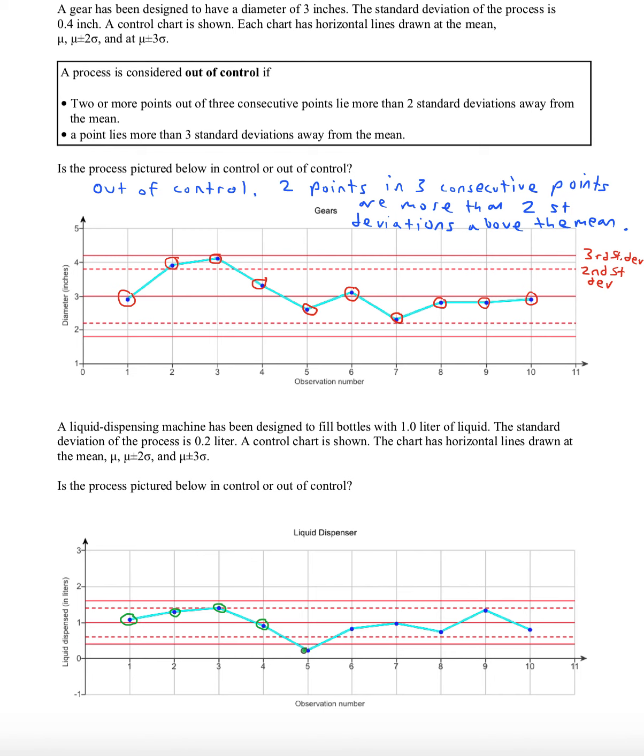But down here we see a point that's more than 3 standard deviations below the mean. It's supposed to have a volume of 1 liter, but this one has much less than that. It's way too small of a volume. So this is an out of control process as well.